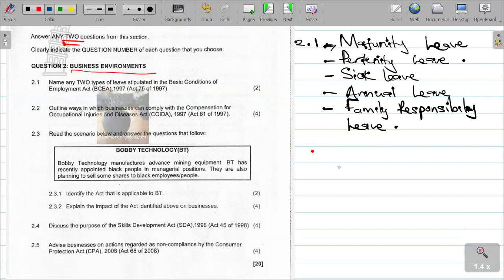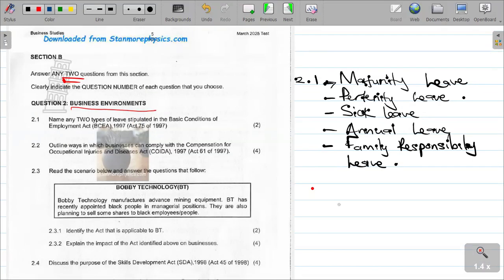2.2. Outline ways in which businesses can comply with the Compensation for Occupational Injuries and Diseases Act, right? When we're talking about the Compensation for Occupational Injuries and Diseases Act, we're talking about employees being compensated if they are injured or die at work, while they are working.